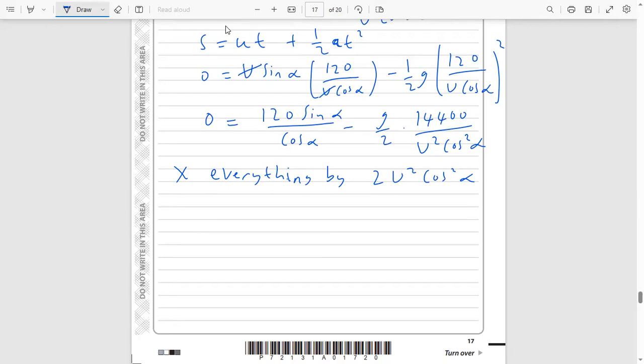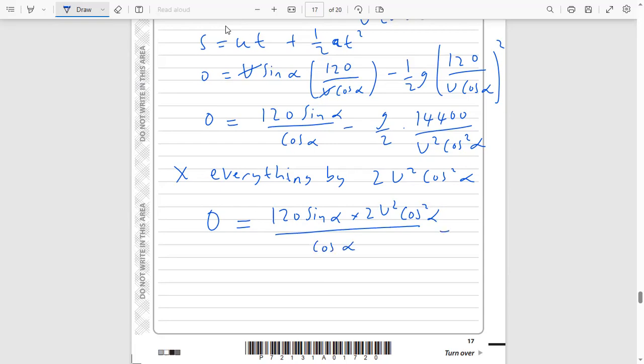If we do that, 0 times 2 u squared cos squared alpha is still going to be 0, anything times 0 is just 0. Then we get 120 sine alpha times 2 u squared cos squared alpha, all divided by cos alpha.